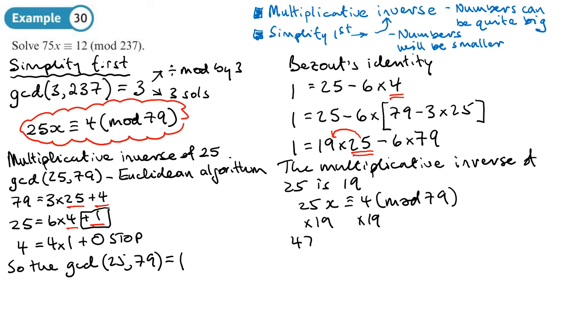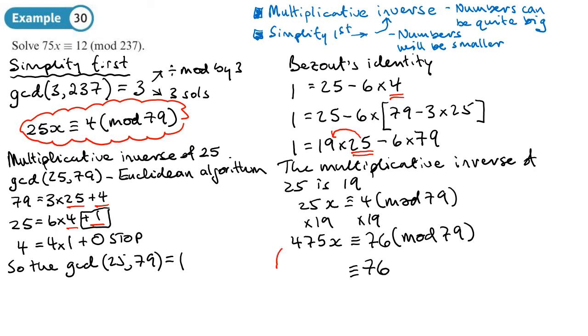So 475x is congruent to 4 times 19, which is 76, I think, in mod 79. So we now need to convert the numbers to mod 79. This is actually already in mod 79. If I took away 79 from that, it's going to end up being like -3, so that's fine. We'll leave that as it is.